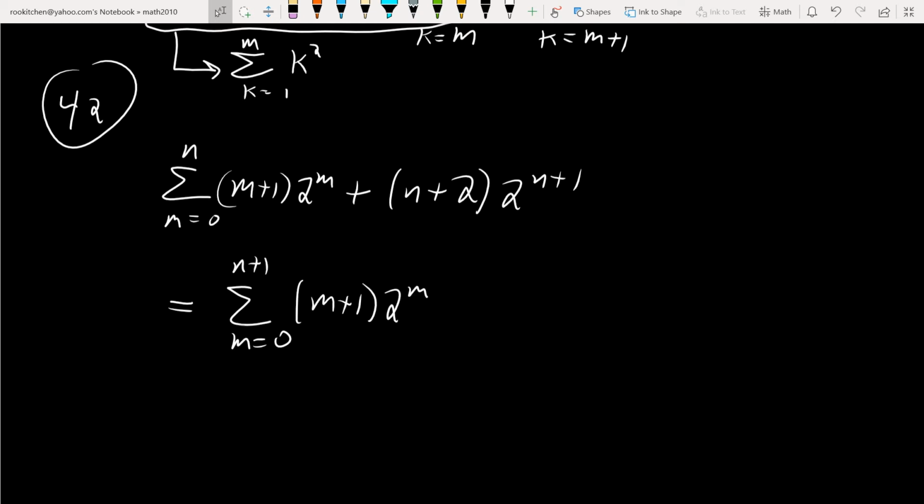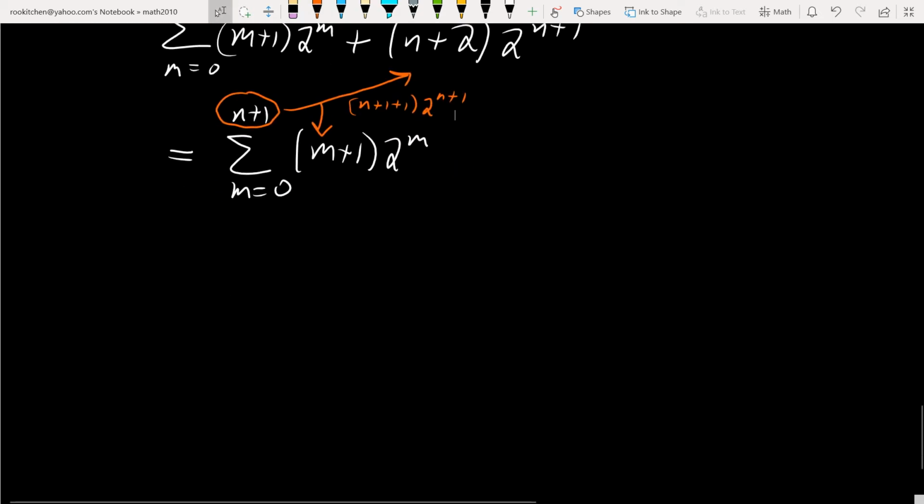And you can see, if you were to substitute in n plus 1, you're going to be getting this term here. In particular, n plus 1 would give you your n plus 2. So you would have n plus 1 plus 1, and then you would have 2 to the m, which is then n plus 1, and that would be this last term. Okay, so you get a little practice doing that.